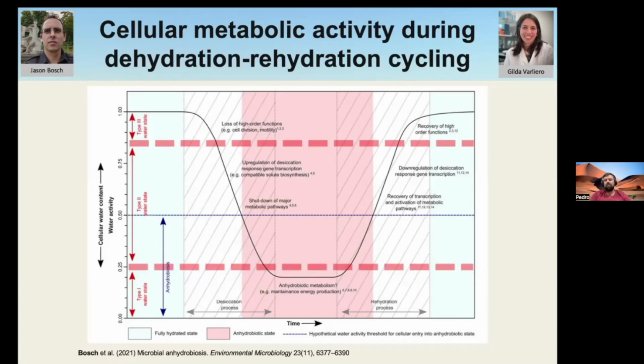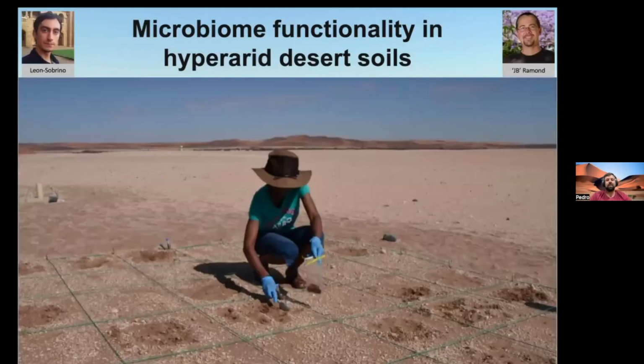pulse of water. And this is a graph that was drawn by two colleagues of mine, Jason and Gilda, who basically did a literature review search, and they drew this graph based on the data they got from the literature review.